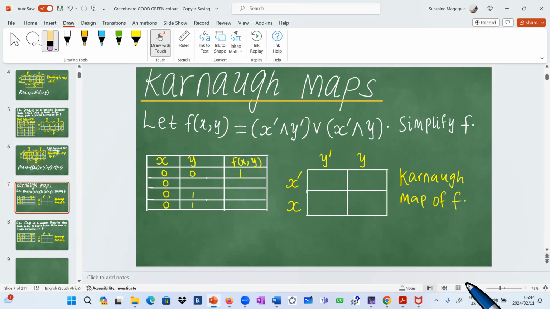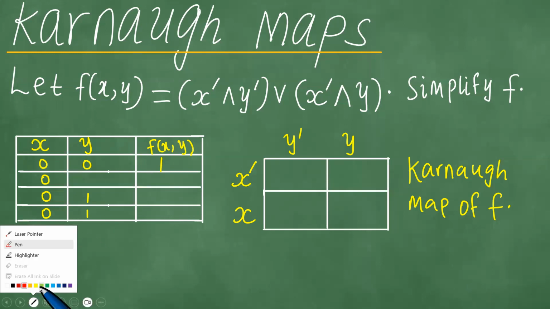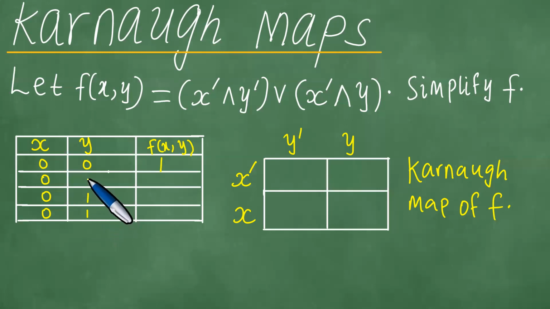So just note that. Right, so it must be a 1 here. Let me see. And this one must be, so it's 0, 0, 0, 1, 1, 0, 1, 1.